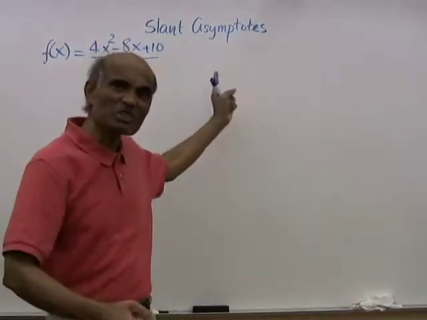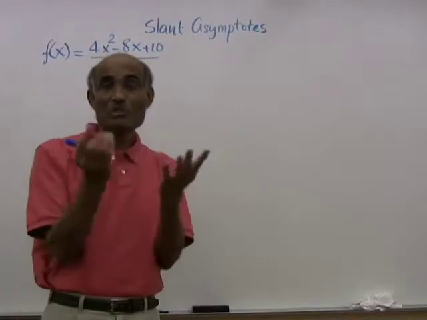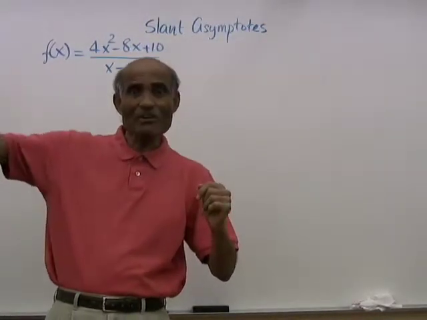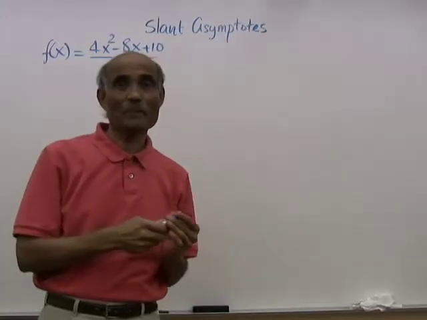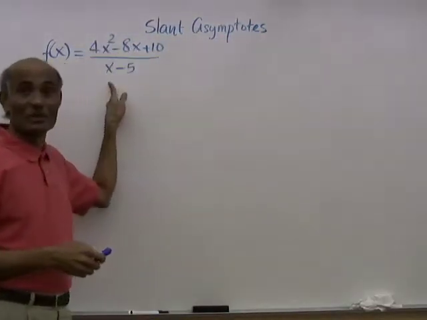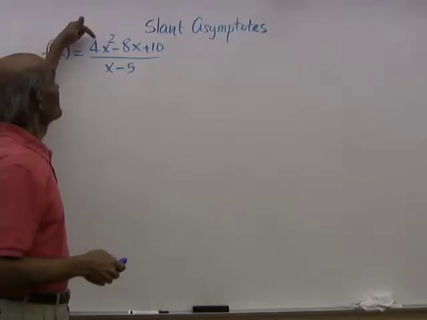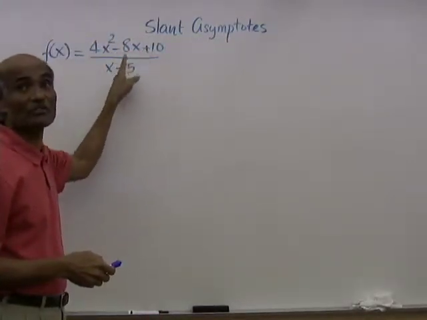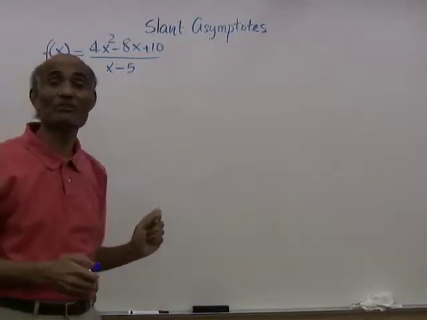Well, what are slant asymptotes? Obviously it means it is not vertical, it's not horizontal, it's some kind of incline. Look at this function: f of x equals 4x squared minus 8x plus 10 over x minus 5.